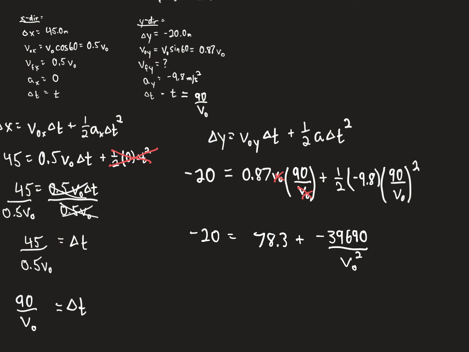That's 39,609. Make sure you don't forget that negative. So all of that numerator squared, and then V naught squared on the bottom.